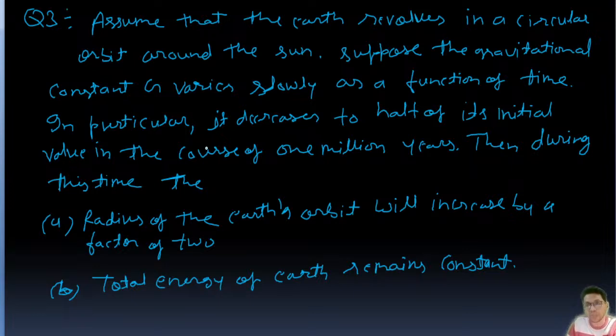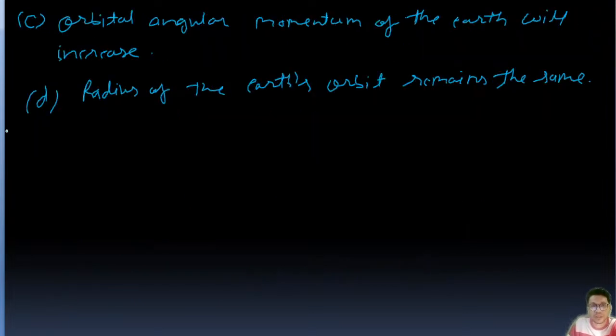Then during this time, the radius of the Earth's orbit will increase by a factor of 2, or the total energy of Earth remains constant. Option C is orbital angular momentum of the Earth will increase, and the radius of the Earth's orbit remains constant. So we need to select the correct option. Very good question. So first, I'm going to solve it.